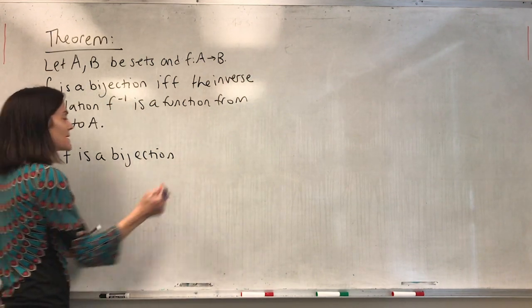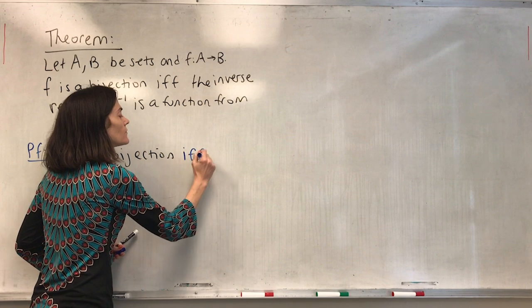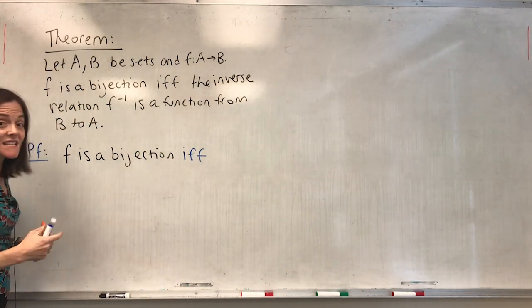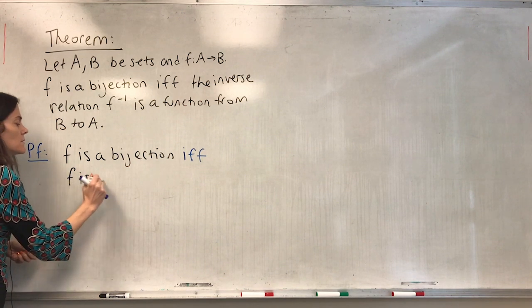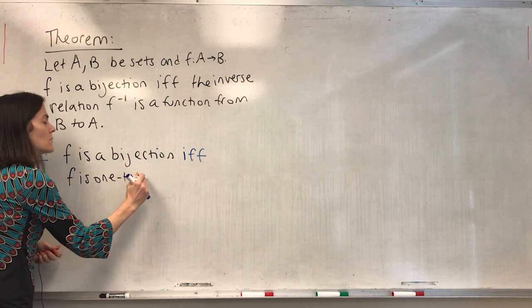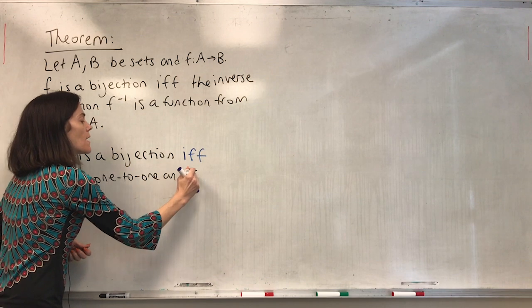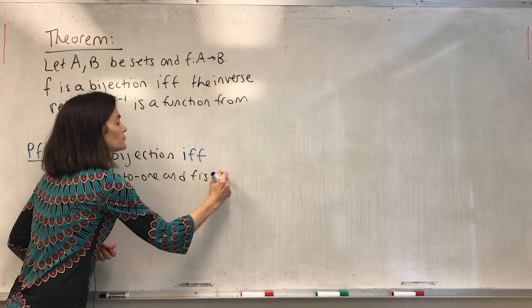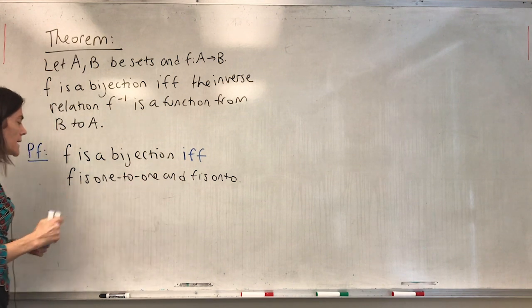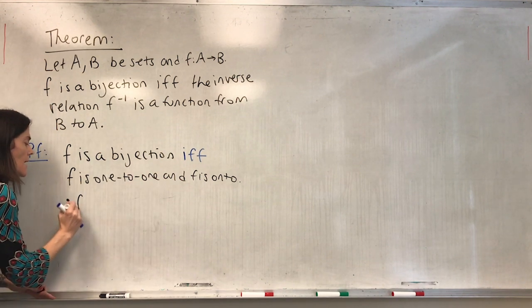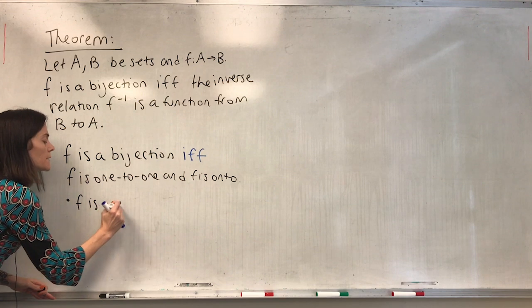F is a bijection if and only if, well, the definition of bijection is that F is 1-to-1 and F is onto. Now let's unravel these. This is an and, right? So let's unravel this. F is 1-to-1.